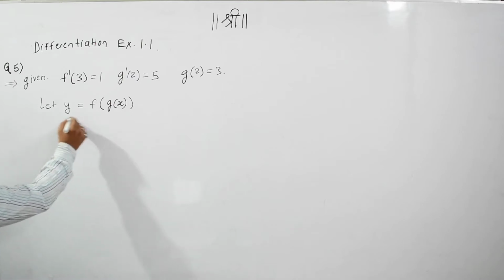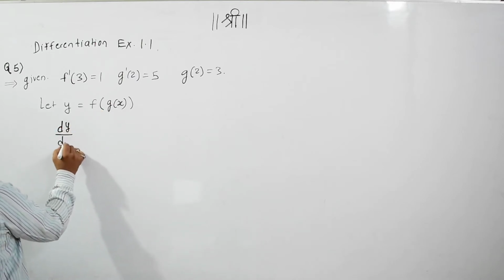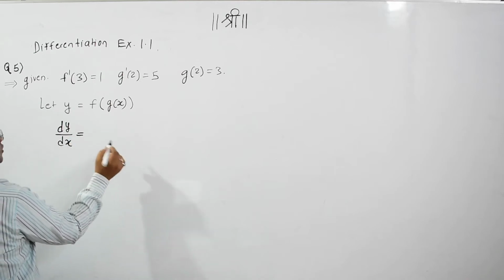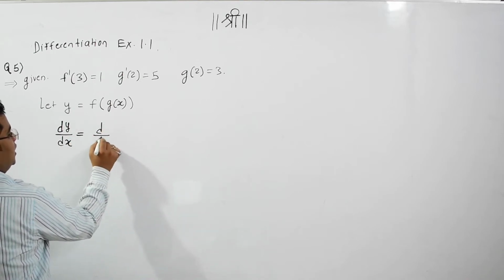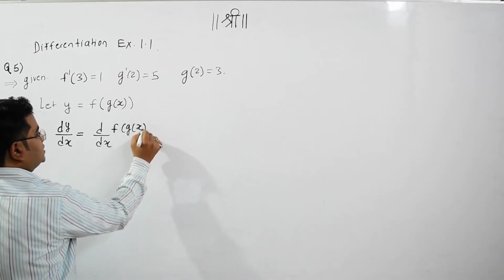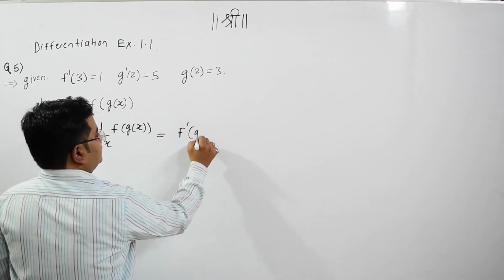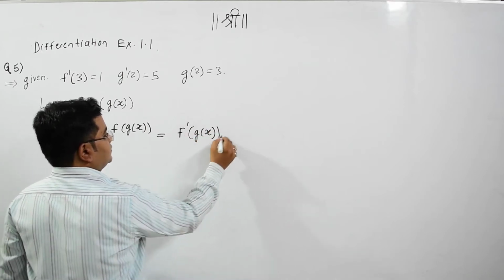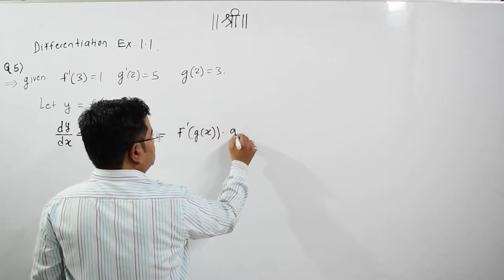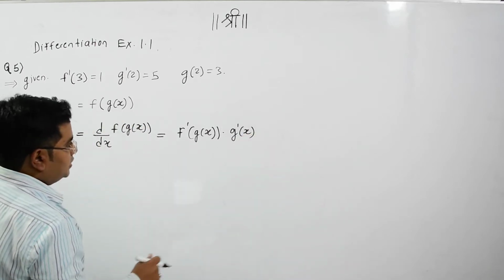So first of all differentiate both sides. So we will get dy upon dx is equal to what? d upon dx of f of g of x, which is equal to f dash of g of x dot g dash of x. Okay, beautiful.